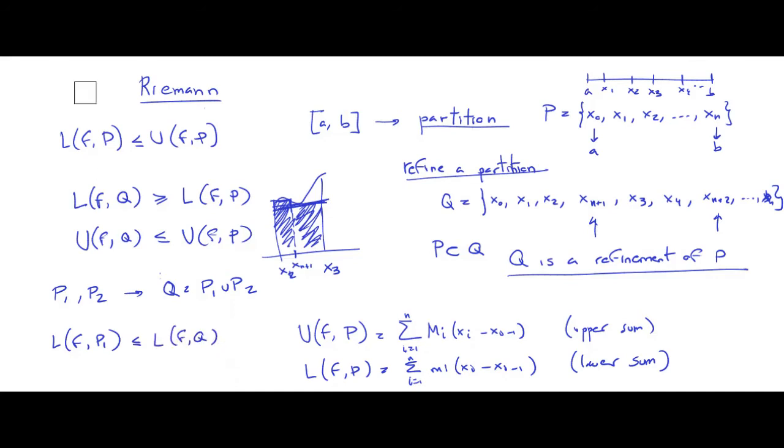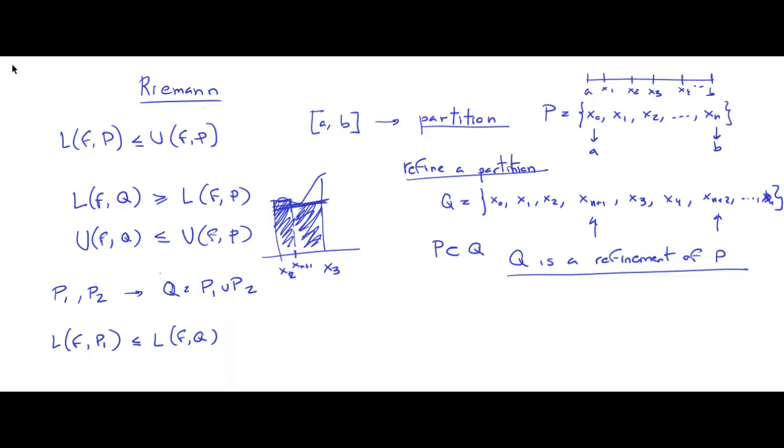Because this is a refinement, and this is going to be smaller than the upper sum at the same partition, because that's by definition, and then this is going to be smaller than the upper sum for P2, for instance.